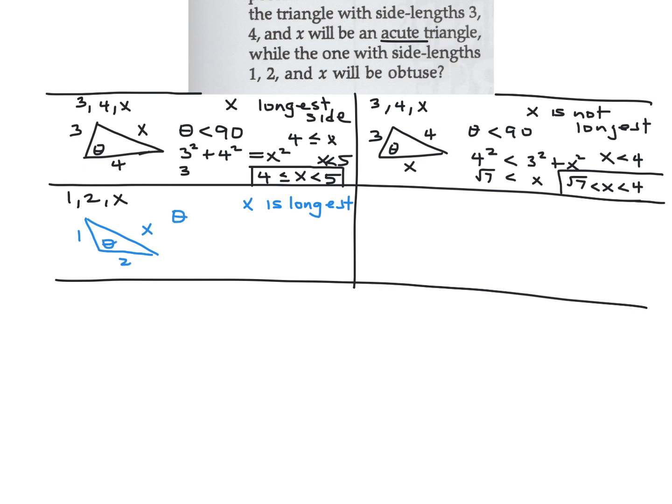But this time we want it to be obtuse. So that means theta is greater than 90. So if x is the longest, then x has to be greater than, hold on a second. 1, 2, and x. x is the longest side.